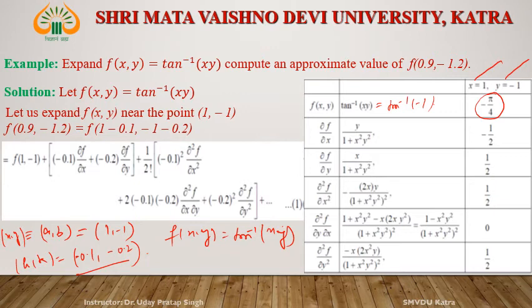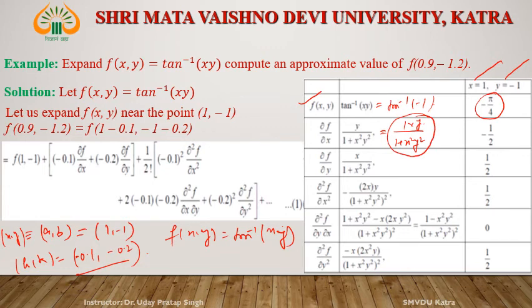Now differentiate this f with respect to x. Dou f by dou x. What is dou f by dou x? Dou f by dou x is equal to 1 upon 1 plus x square y square, and derivative of xy with respect to x, that is y. Okay. Now evaluate the value of this at the point 1 and minus 1.